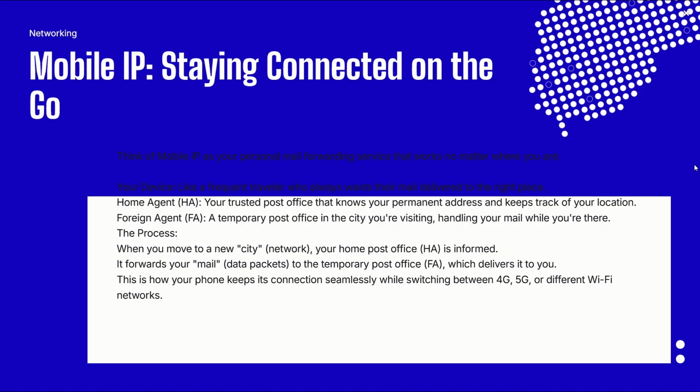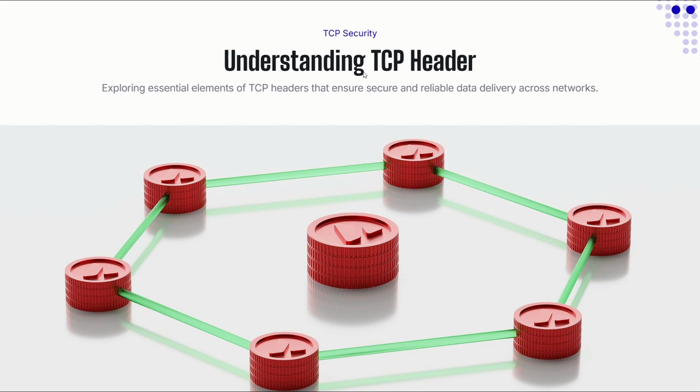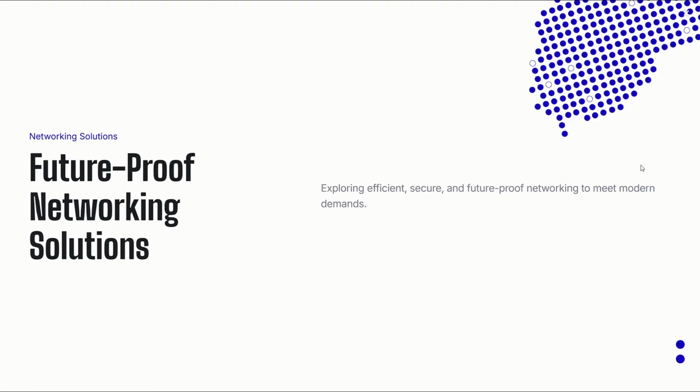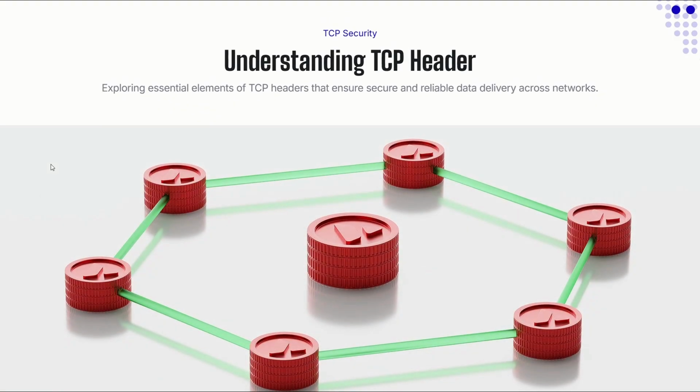And at the last, let's look at the TCP header, which is like the shipping label on a package. It has several key sections, like the source and destination ports, like the from and to addresses. Sequence and acknowledgement numbers help to put data in the right order, whereas the data offset is like a table of contents telling us where the actual data begins.